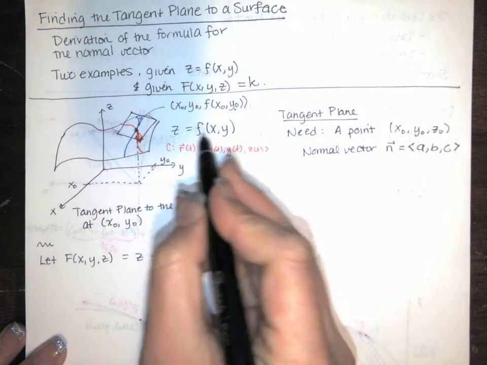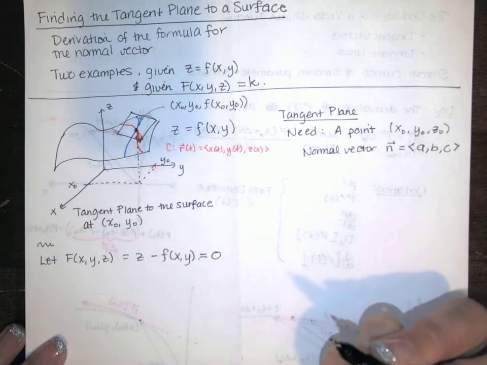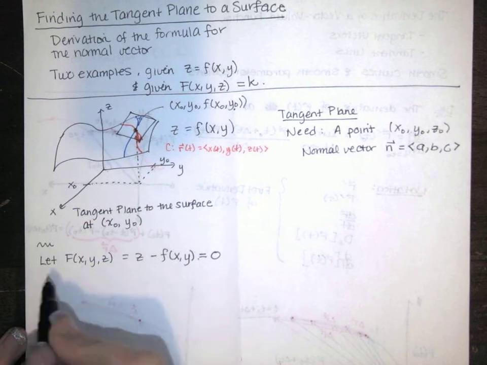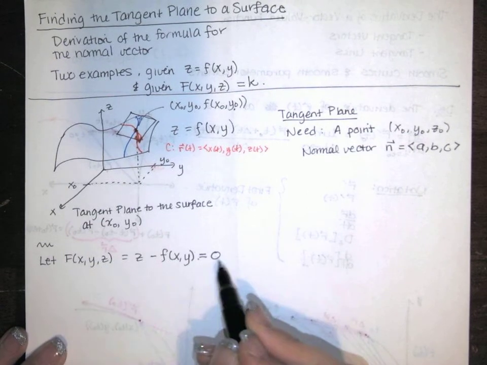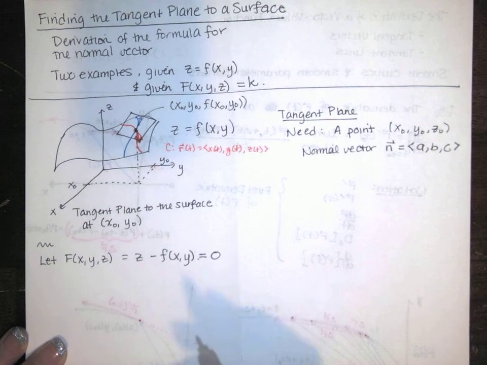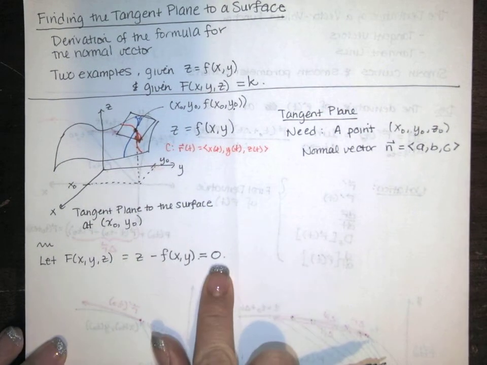And if you're saying to yourself, but those are the same, aren't you just going to get 0? You're right, you are going to get 0. So this is a level surface of this function of three variables. I've got F of x, y, and z equals 0, and that represents a surface. So rather than using this form of the equation of the surface, we're going to use this form.